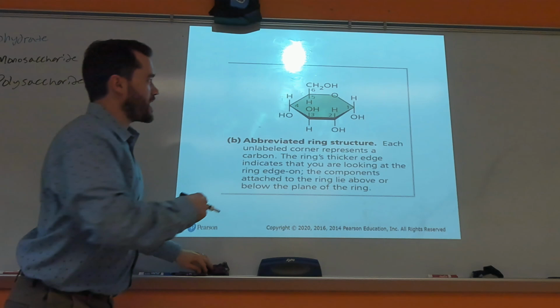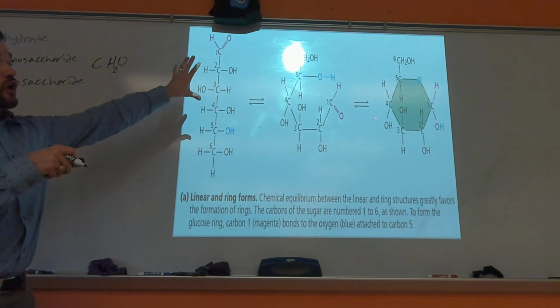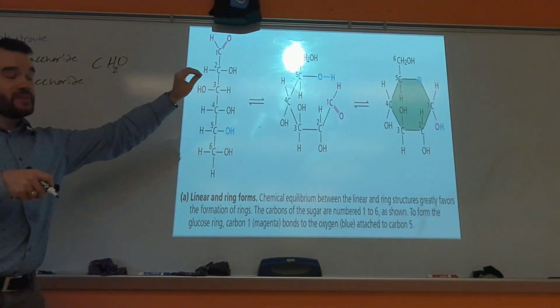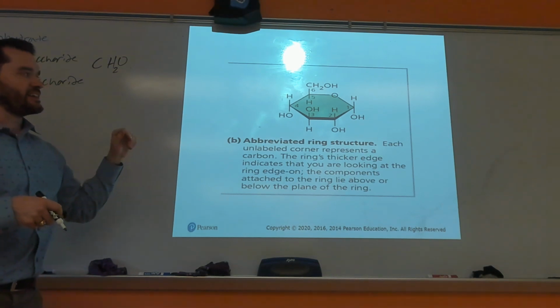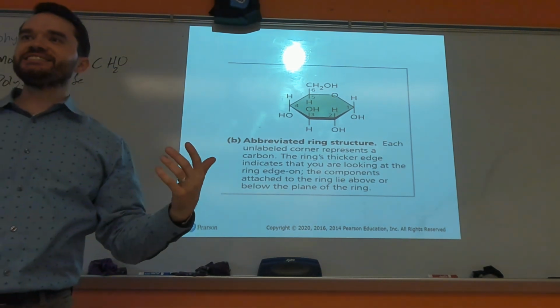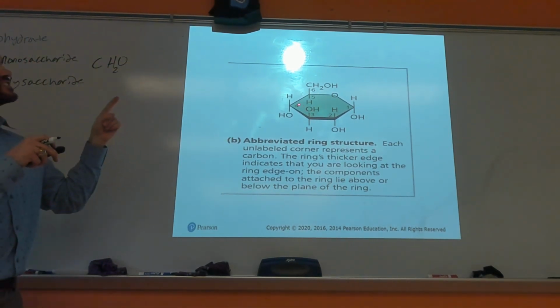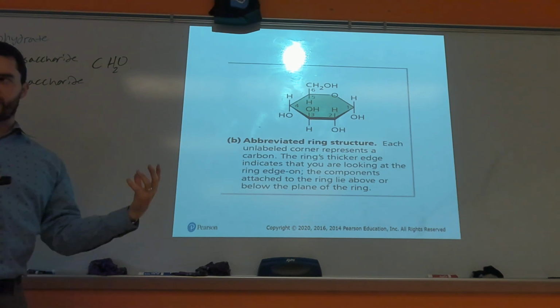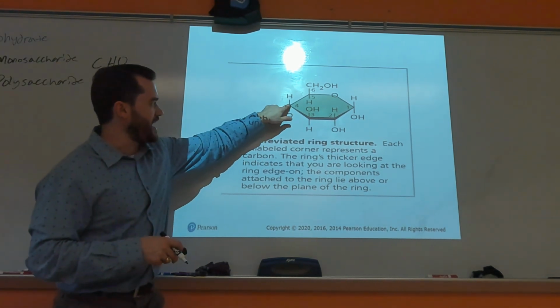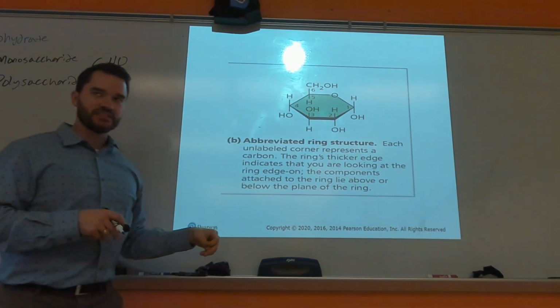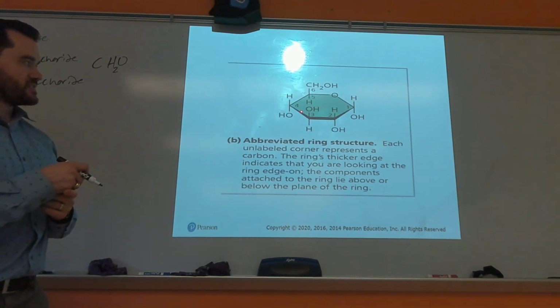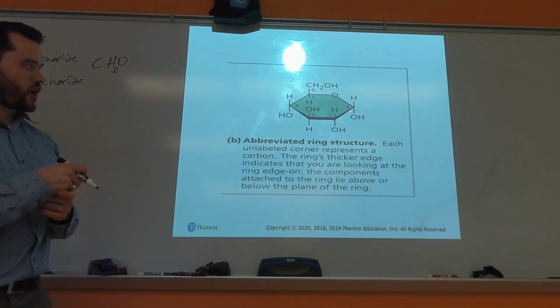Now, if I go back real quick, here they labeled all of the atoms. But we talked about last class that, we can all be adults here, and to save time, we don't have to literally label all of the carbons. We can assume that these edges, or these vertices, are carbons. So that's a carbon, that's a carbon, that's a carbon.